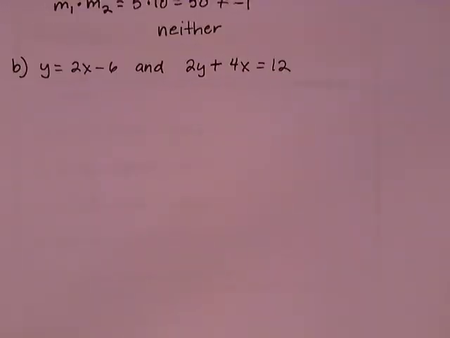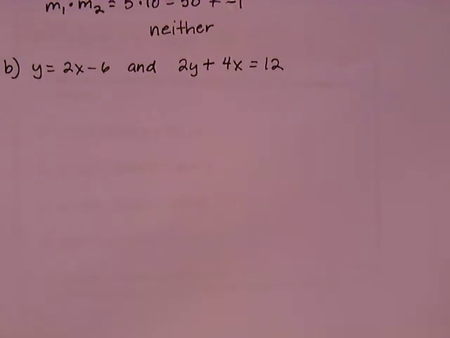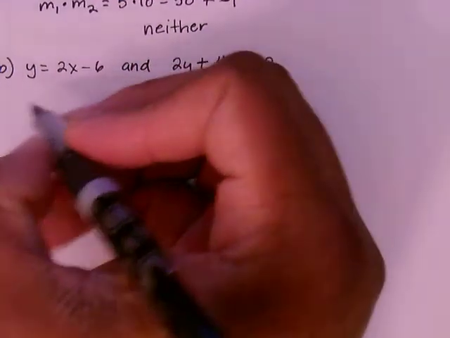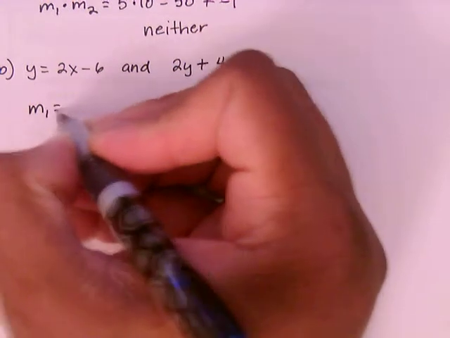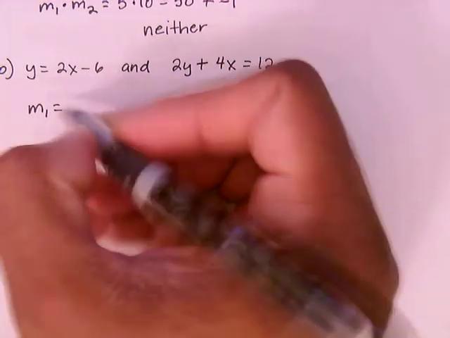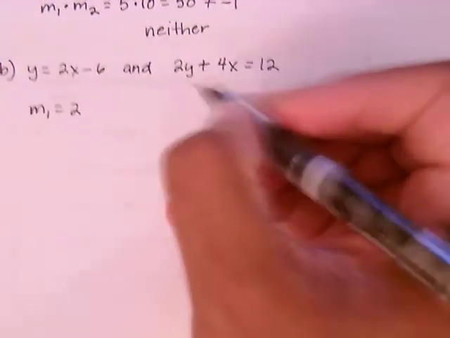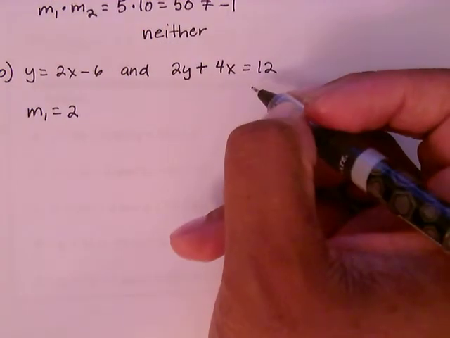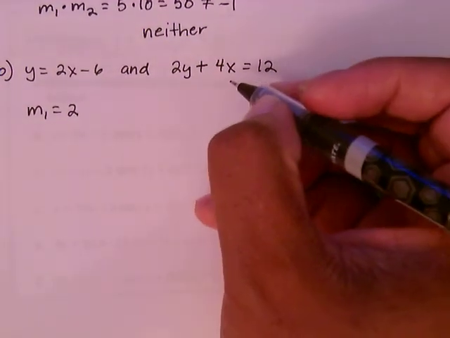We want to determine if those lines are parallel, perpendicular, or neither. That first equation is solved for y, so I can easily identify the slope. I'm going to call this m1. That's the coefficient of the x term. That's 2.